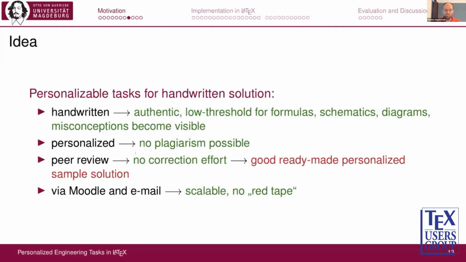Then, of course, if students have written down solutions, someone must check these solutions. And we as teachers don't have enough time to do this. So students should do peer review. This is also interesting for them because they look at other students' solutions.